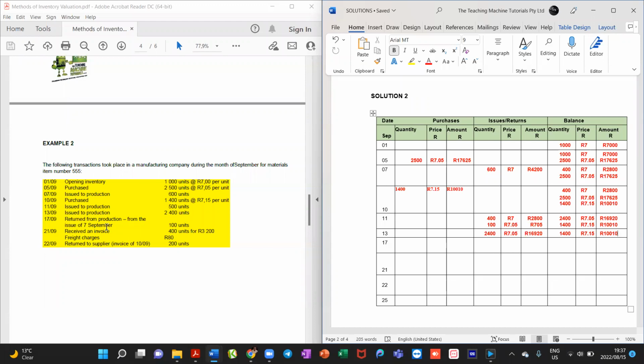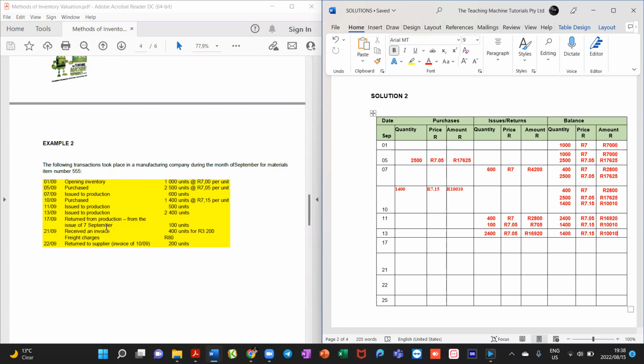Maybe the factory thought they needed 2.4 units. So from 2.4, 100 units were not used. So what is it that they did? They returned 100 units to the stock room, to us.